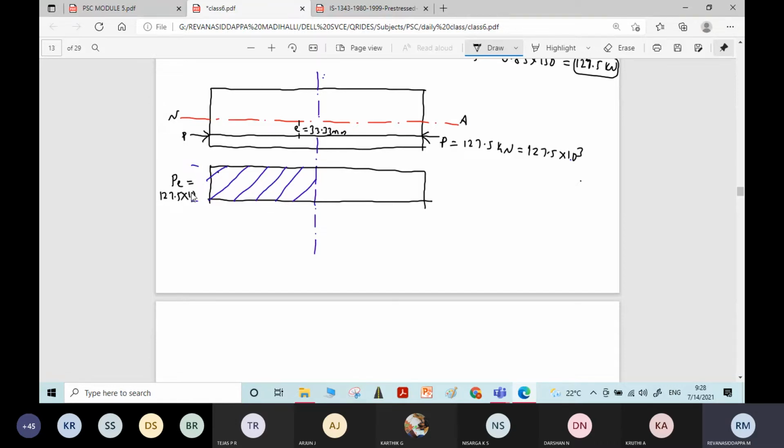What is the answer? 4.25 into 10 power 6.